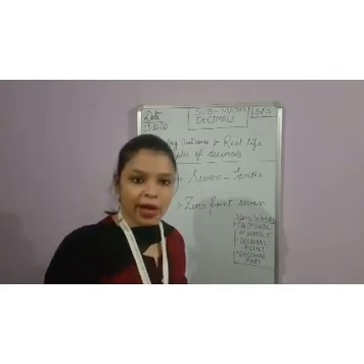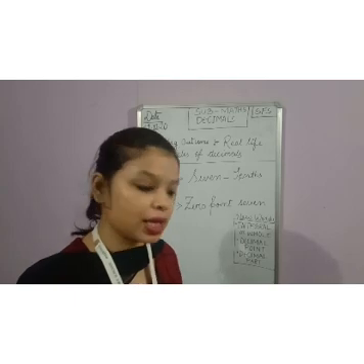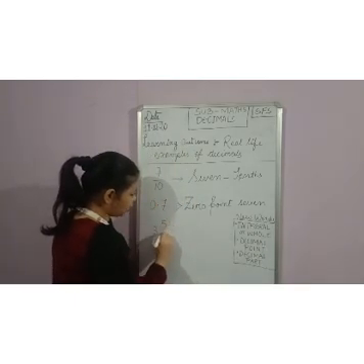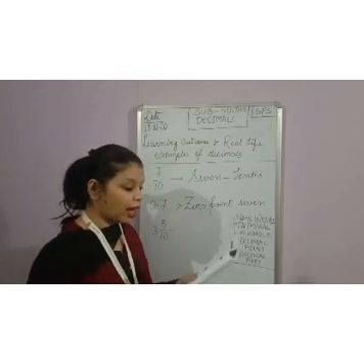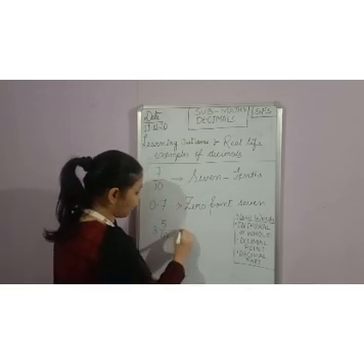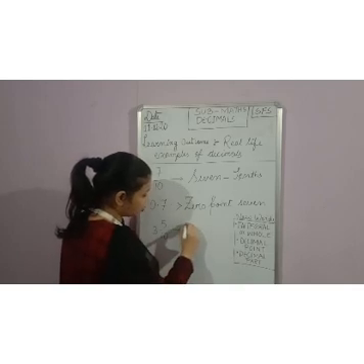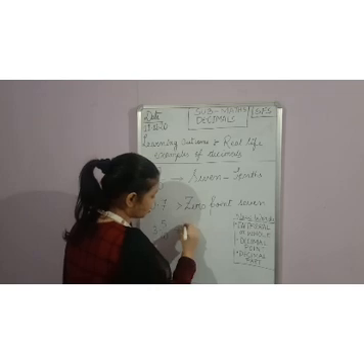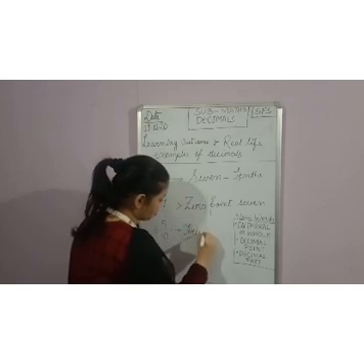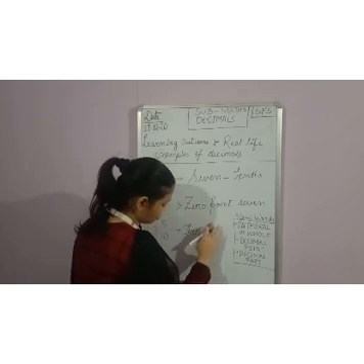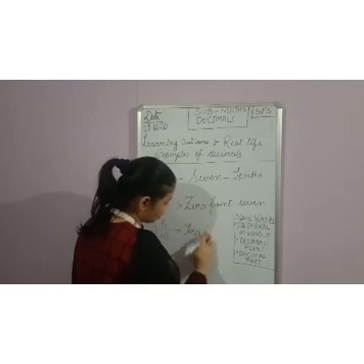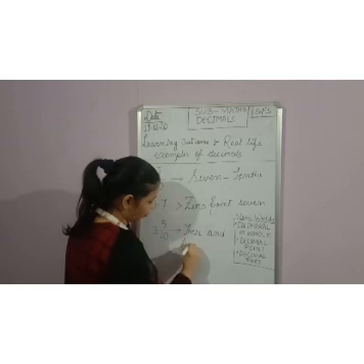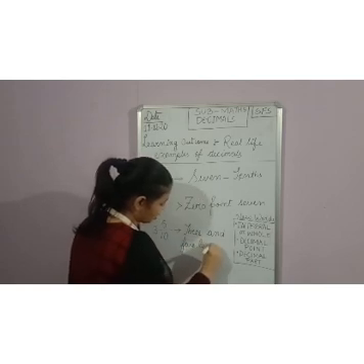If I take a mixed fraction, how do you read a mixed fraction? Suppose I have 3 and 5 by 10. How will you write it in words? You will write 3 and 5 tenths.